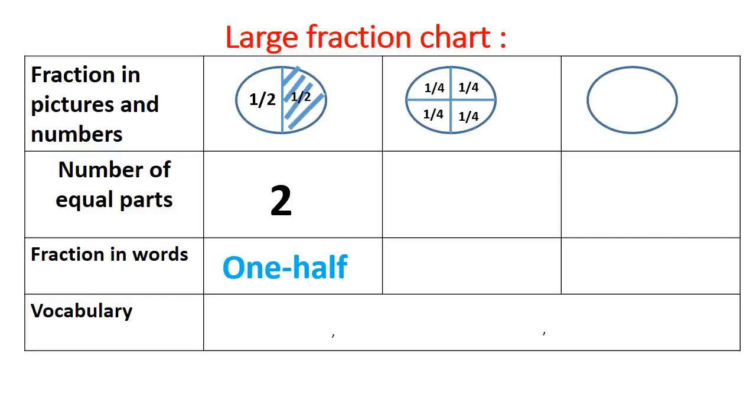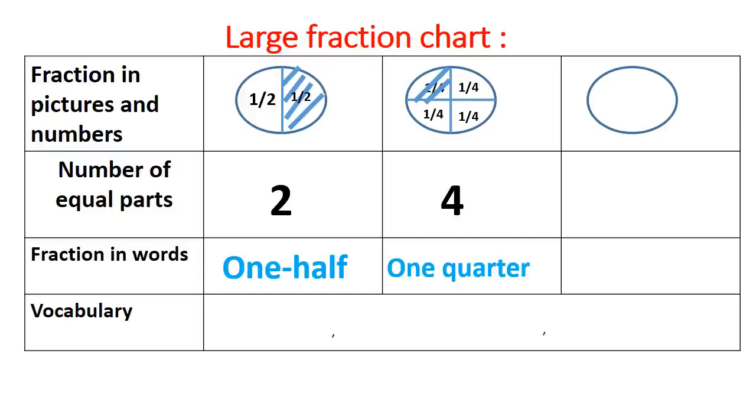Okay, how many equal parts? Yes, they are 4. So I have 4 equal parts. How many shaded parts? Just one. So the fraction reads only the shaded part, which is 1/4.